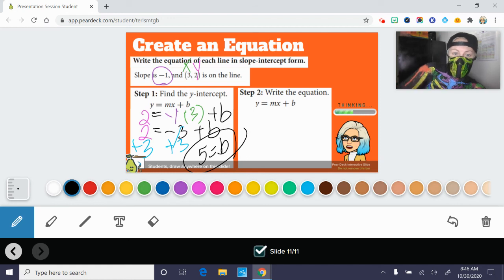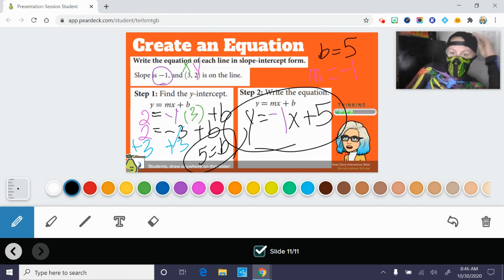Well, now that I know that b is 5, and I already knew that m is -1 because they told me that, when I write the equation in slope-intercept form, y equals -1x plus 5. That's it. That's your final answer. Y equals -1x plus 5.